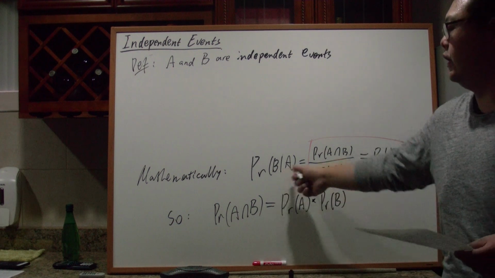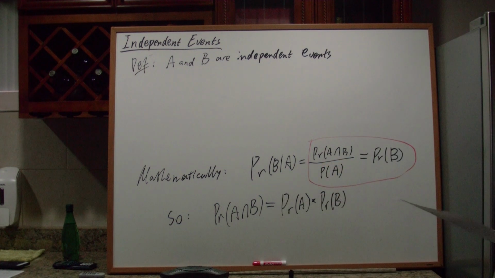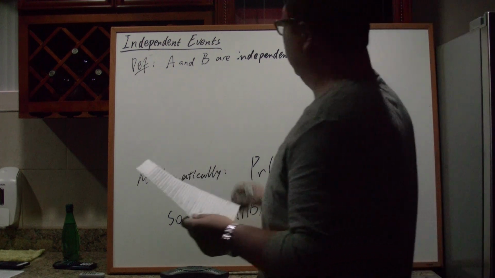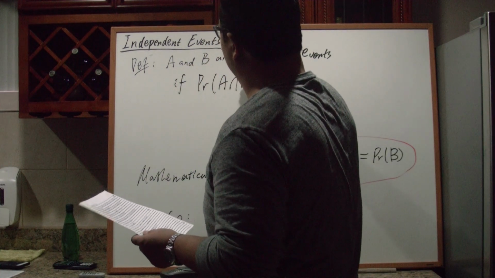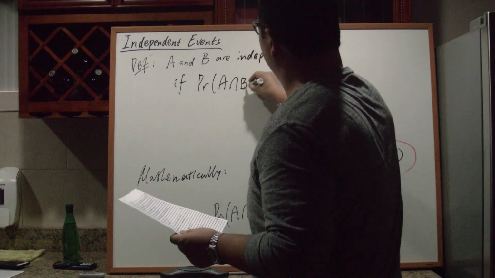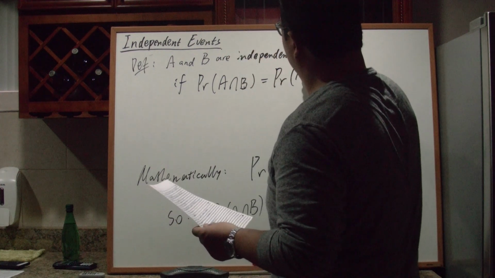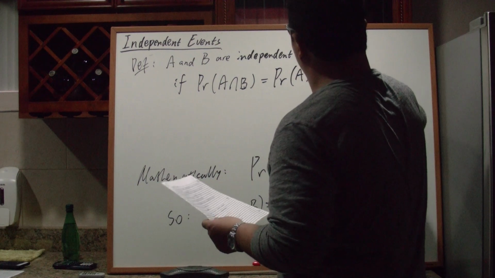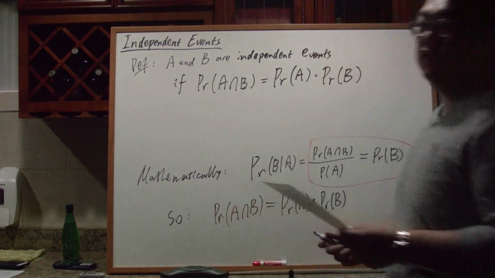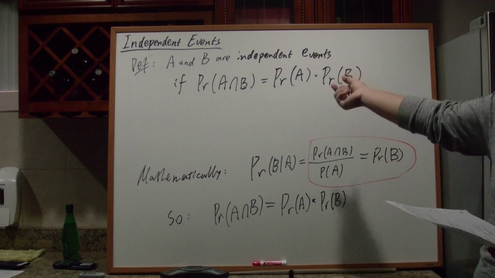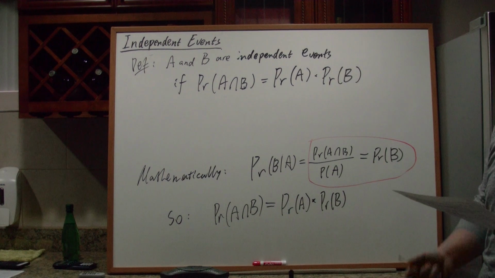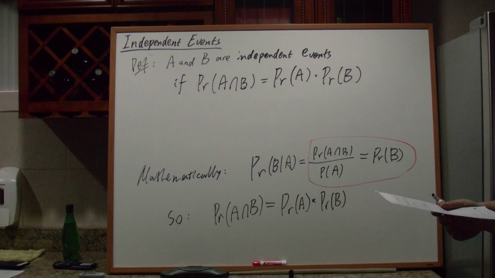Of course, you can check by the conditional probability, but in most cases it is easier to check with this formula. If the probability of the intersection equals the probability of each event multiplied together, the product of each event's probability, that is the way we can check if A and B are independent events or not.